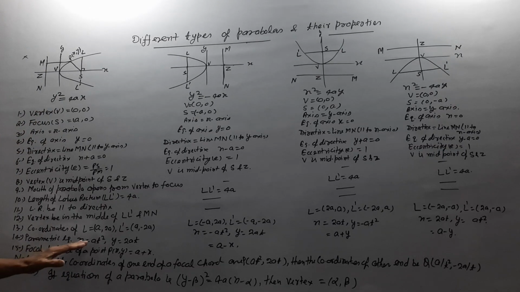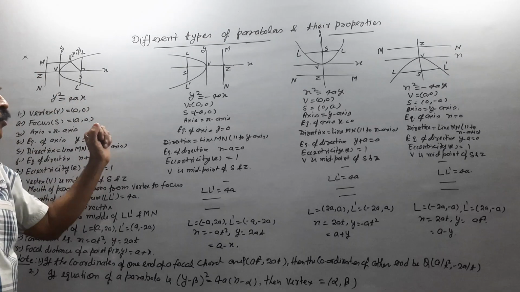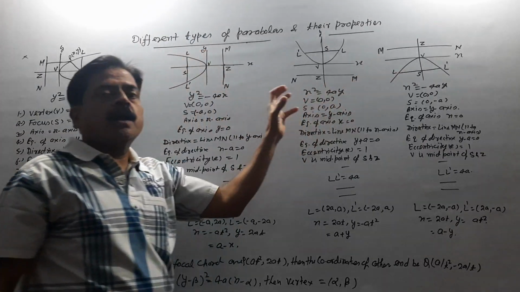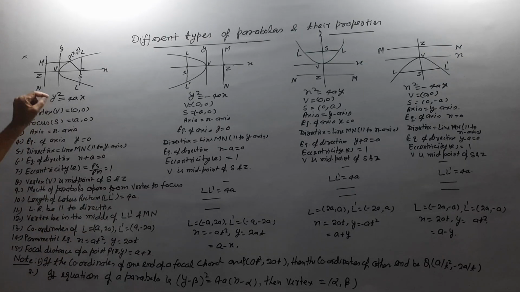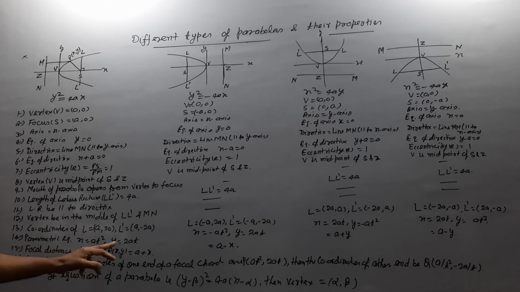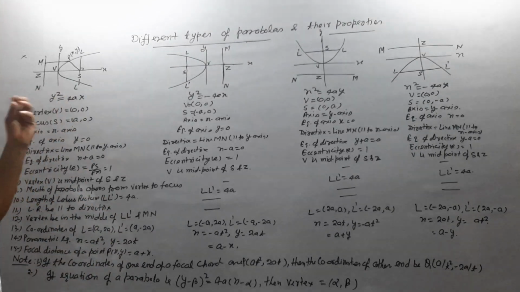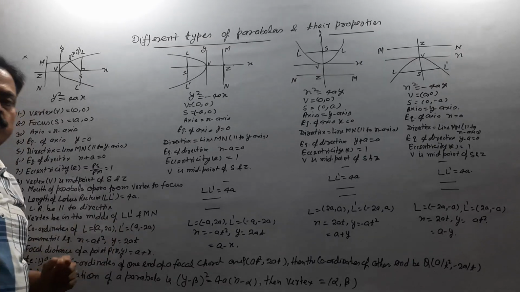Parametric equation of this kind of parabola whose Cartesian equation is y square equals 4ax. These four equations are the Cartesian equations of parabola. Now the parametric equations. For the first kind of parabola, x equals a t square and y equals 2at.